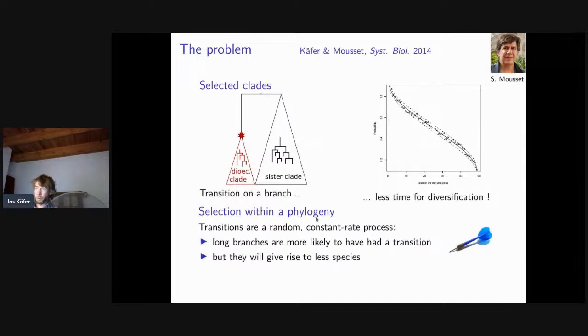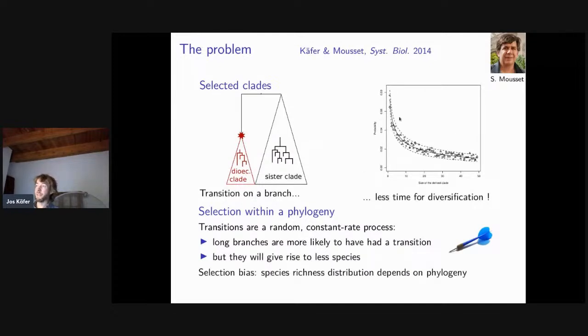So the longer the branch would be, the less time it will have to speciate and to diversify. So if you take this selection bias for phylogenies into account, then you see that the distribution becomes even more skewed. There is a proportionally very large probability of the derived clade to be extremely small rather than quite large.